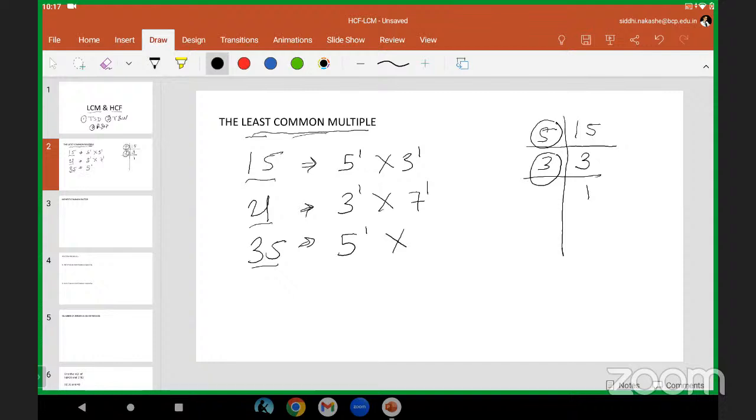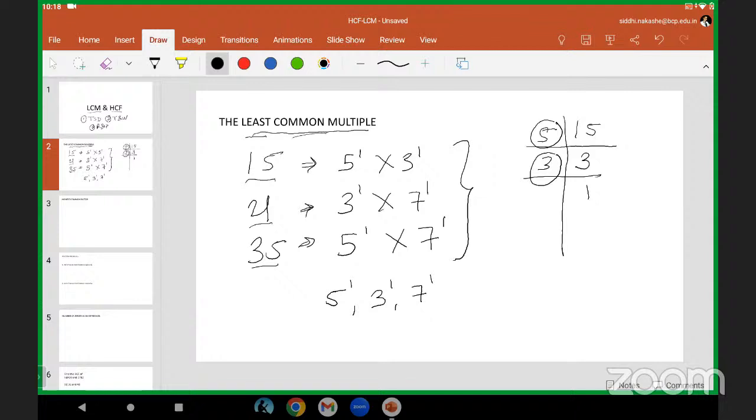So what we do in LCM, we take all the numbers. How many different numbers are there? We have 5, we have 3, we have 7. When we start with this, what we look for is the highest power. Now if we look at these numbers, the highest power everywhere is only 1.